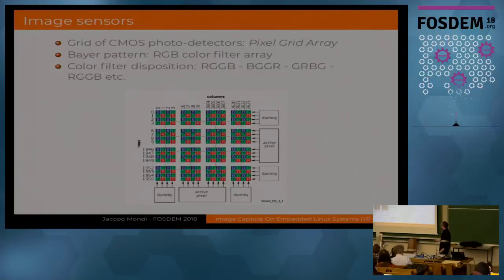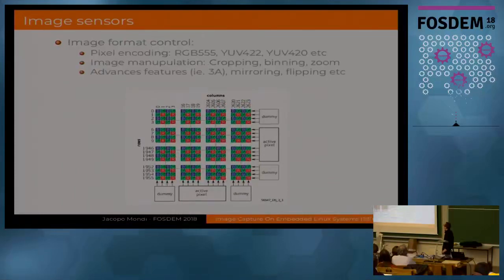So again, this is called the pixel grid array. It's a grid of photo-optic receptors with filters on top, and we can ask the sensor, starting from the raw grid, to give us a specific color encoding, like, let's say, a permutation of RGB, or YUV with different subsampling.